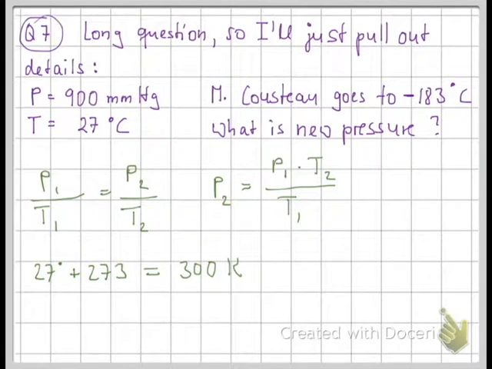And the new temperature at minus 183 degrees Celsius plus 273 equals, basically 273 minus 183. That would be 90 degrees Kelvin.